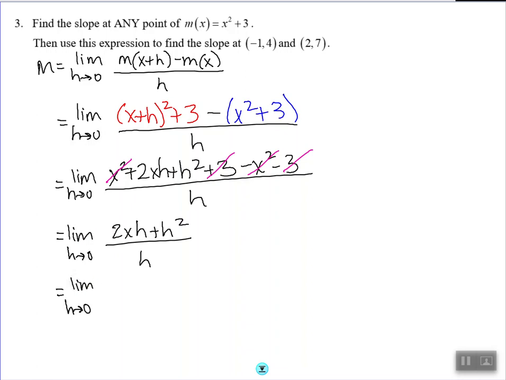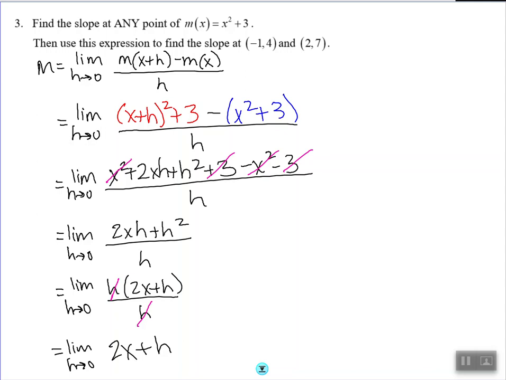If I factor out a GCF in the numerator, that allows me to cancel that with the h in the denominator. So I'm left with the limit as h approaches 0 of 2x plus h.